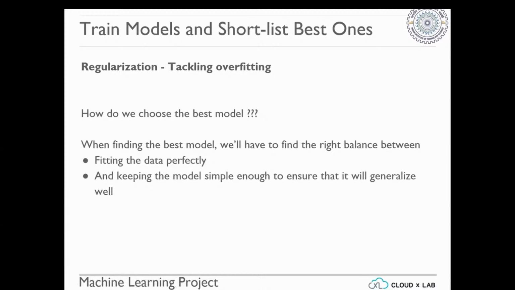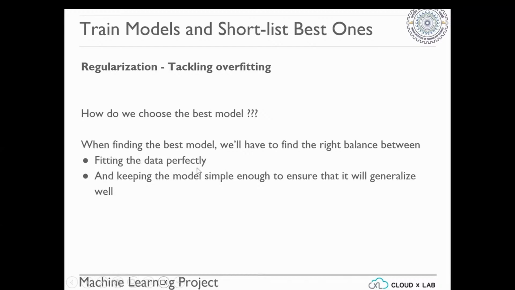Okay. So now the question is, how do we choose the best model? When finding the best model, we have to find the right balance between fitting the data perfectly and keeping the model simple enough to ensure that it will generalize well, which means we want good training accuracy, and we also want good test accuracy, right?